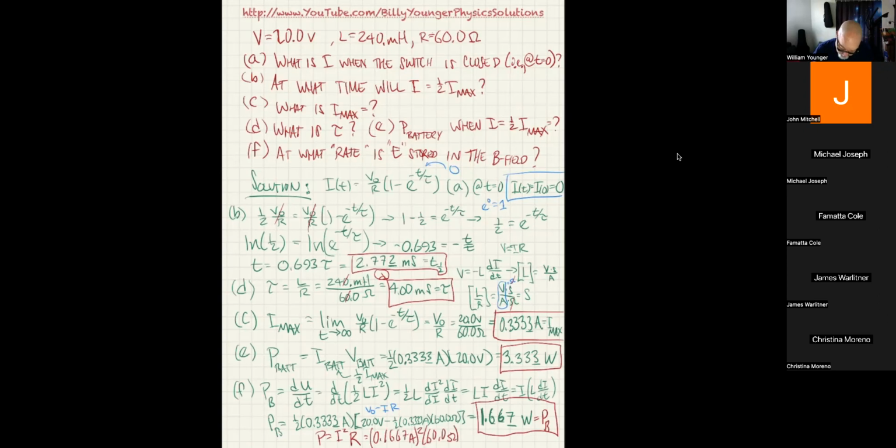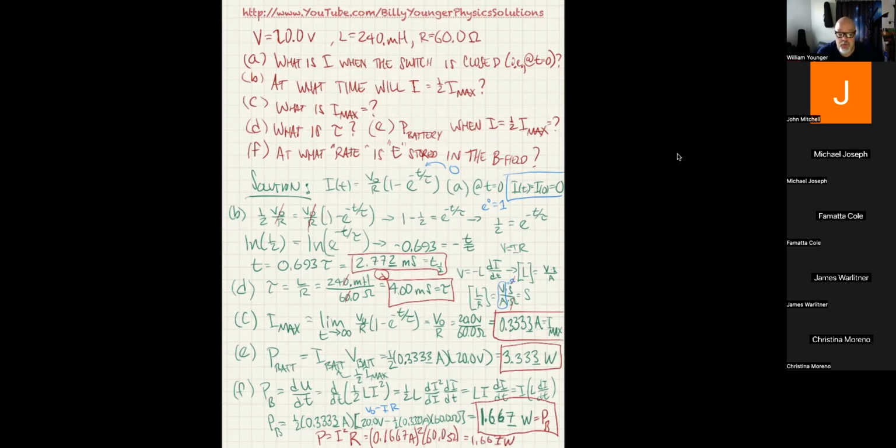So the current was supposed to be half of 0.333, so I'm just going to double check that. 0.3333 times 0.5 gives me the 1.6666 whatever. So now I'm going to square that and multiply it by the 60. And lo and behold, you get 1.667 watts, which is exactly the remaining amount.